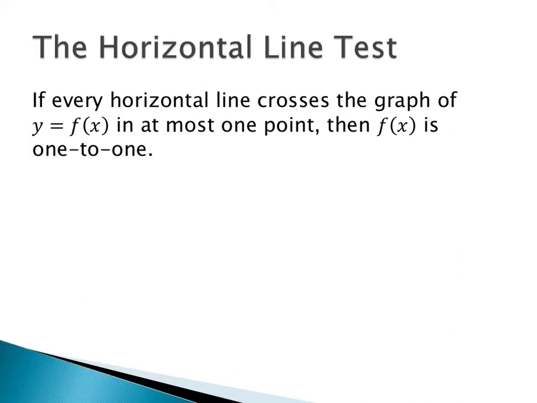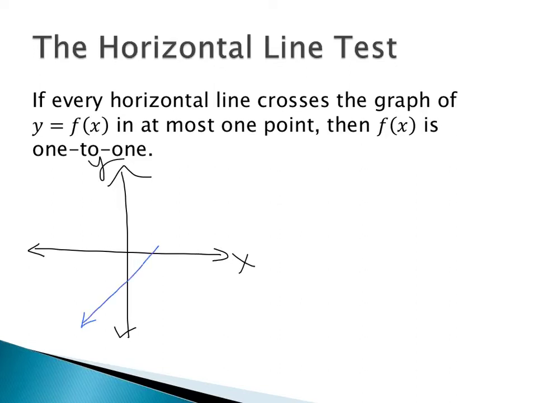For every horizontal line that crosses the graph of some function, it's going to hit that function at most just one time if it's one-to-one. So here's our function. We had 2x minus 1, and for this one, no matter which horizontal line you draw, you're only going to hit that graph of that function just one time.